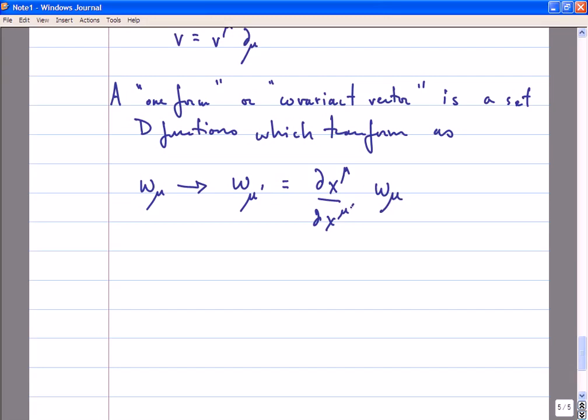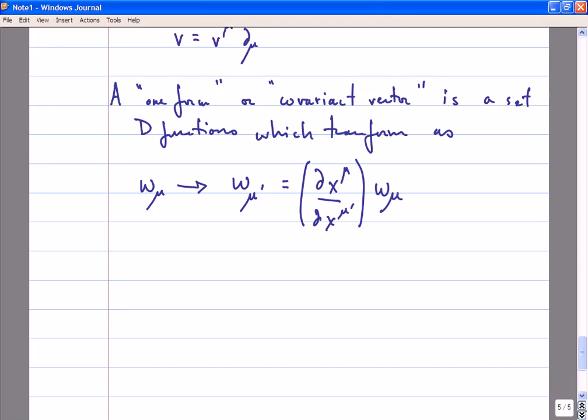So you can see that this definition looks confusingly similar to the definition of a vector. But if you pay careful attention to where I've placed and not placed my primes, you'll see that I'm writing down not the Jacobian here, but the inverse Jacobian, the derivative of the x^mu's with respect to the x^mu primes, rather than the derivative of the x^mu primes with respect to the x^mu's.